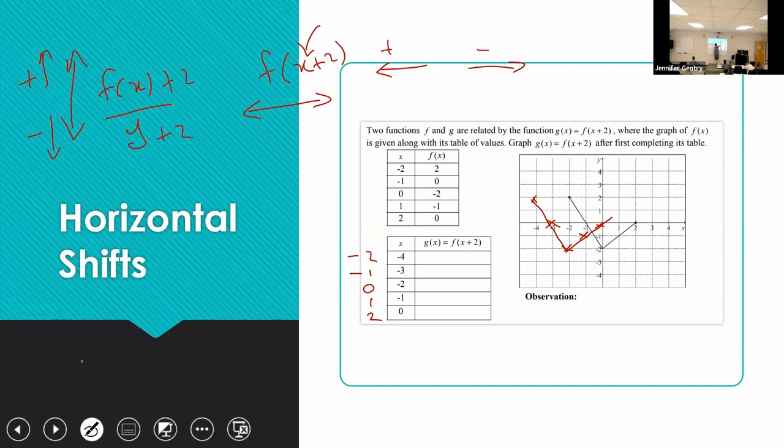If I have a positive 2, I actually go to the left. So for the y, it's up and down, plus and minus. For the x, it's the opposite side. That helps you get through direction, right or left. Did I break your brain, Marcos? You good? Does that make sense?